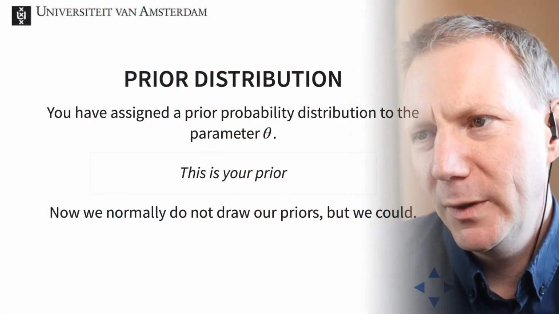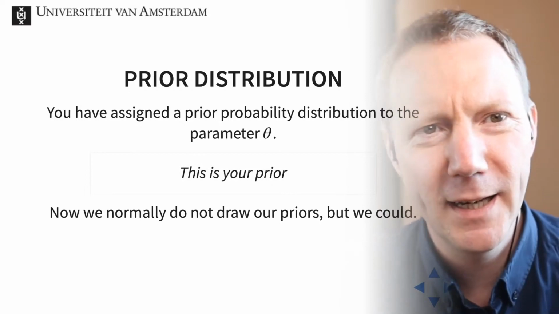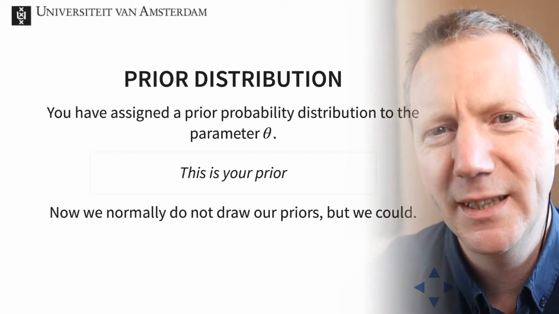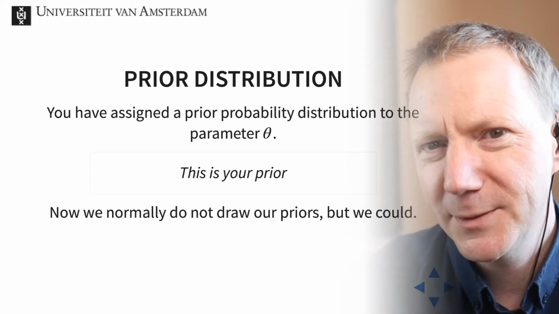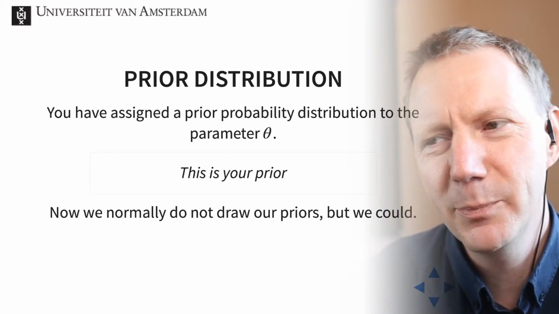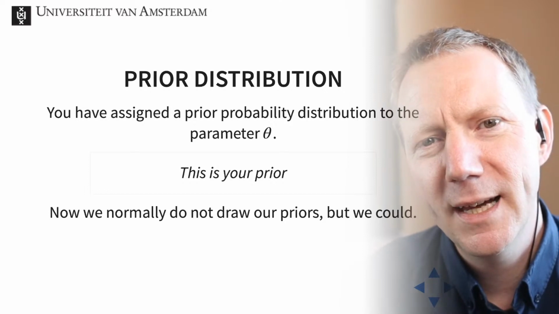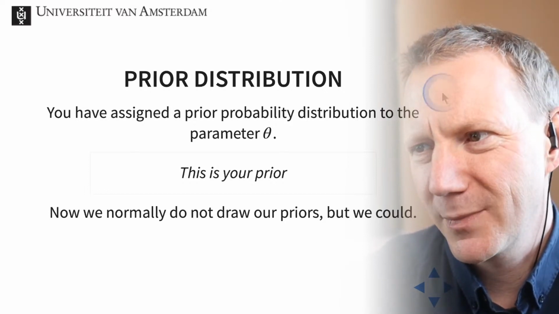So, we've talked about our prior, and we've drawn our prior, and one thing, of course, is that we don't actually draw priors. I think we could, but in a mathematical sense, it makes a bit more sense to choose some priors that are, let's say, more mathematical in terms.